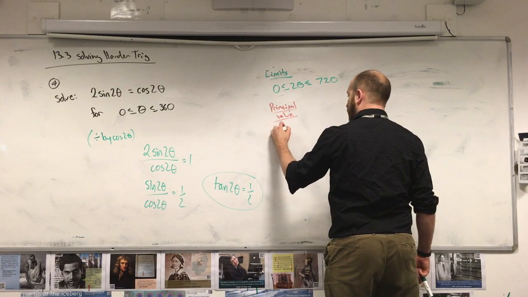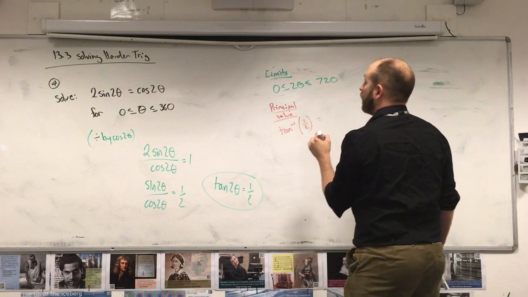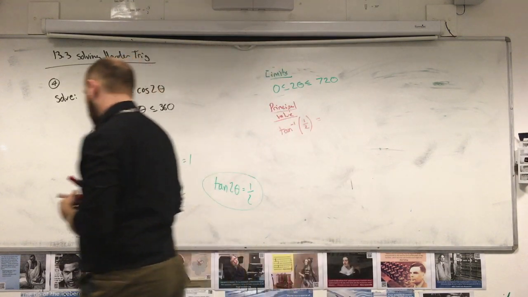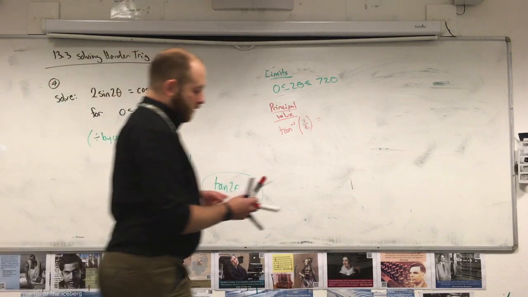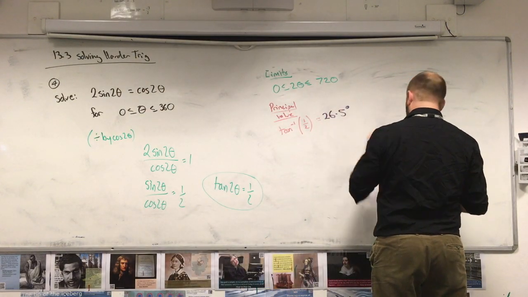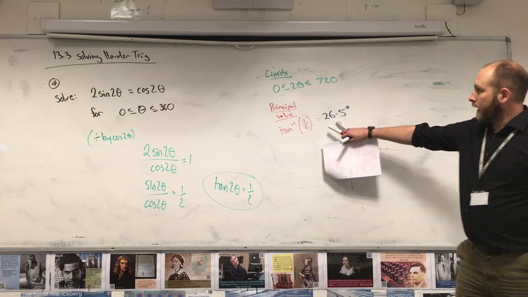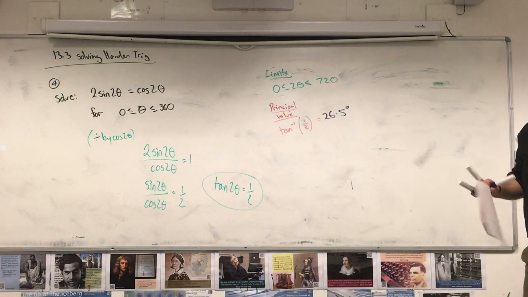So tan to the minus 1 of a half, which is going to give us 26.5 degrees. So we need to find all the equivalent angles to that between 0 and 720, and then half them.